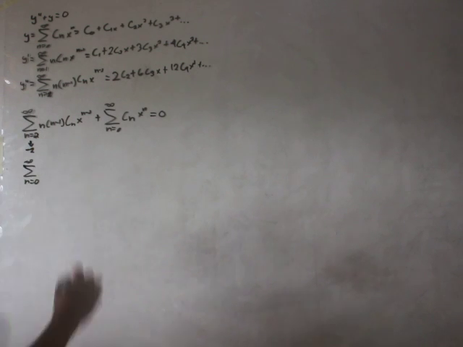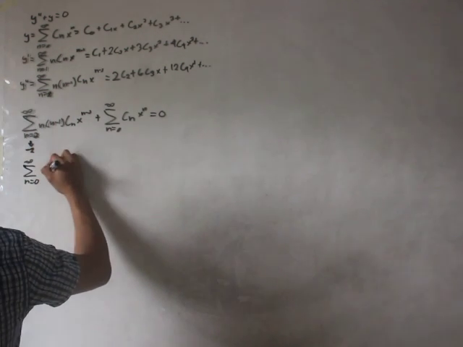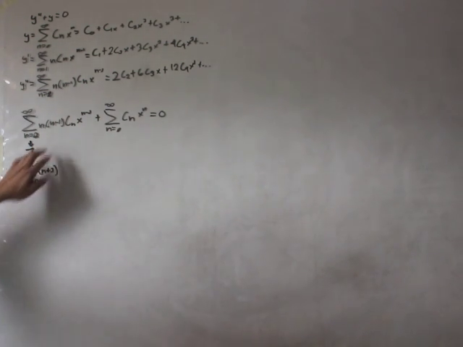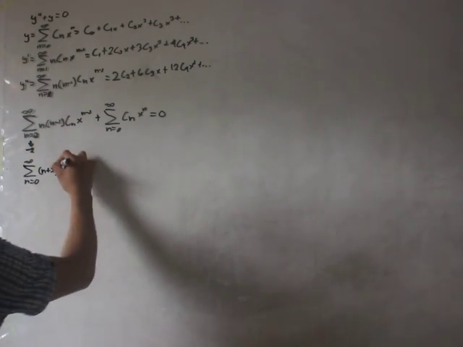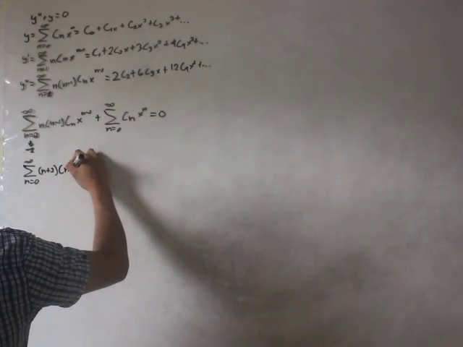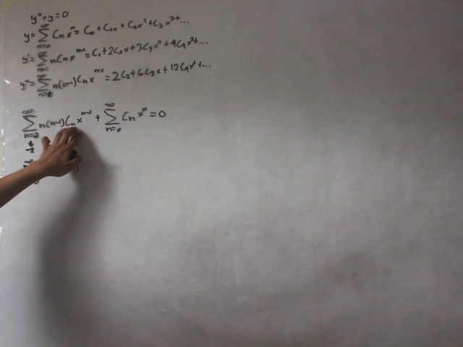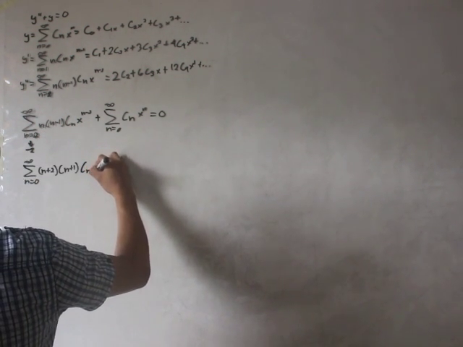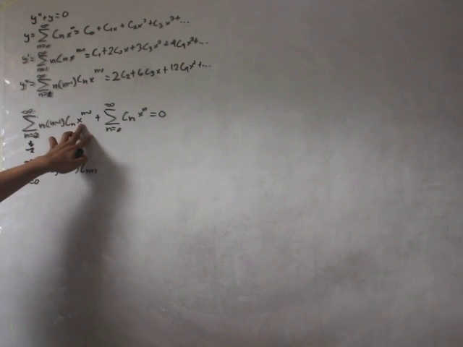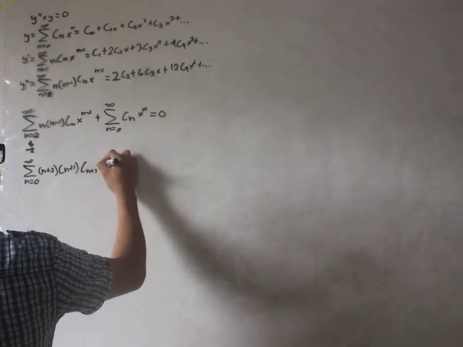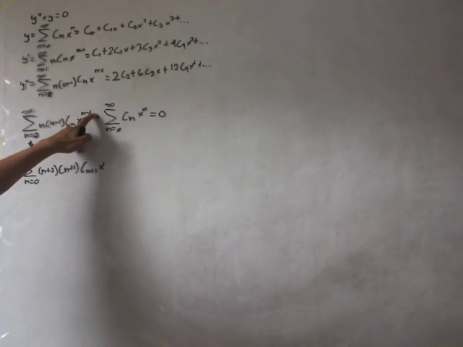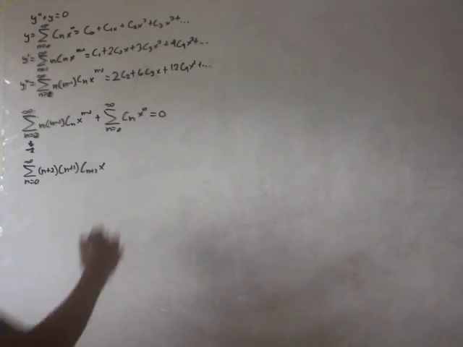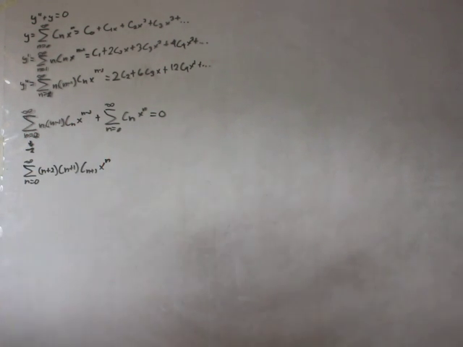So n plus 2 times n minus 1 plus 2, which will become n plus 1, with c_(n+2) and x raised to n minus 2 plus 2, we can cancel, so it will remain as n.